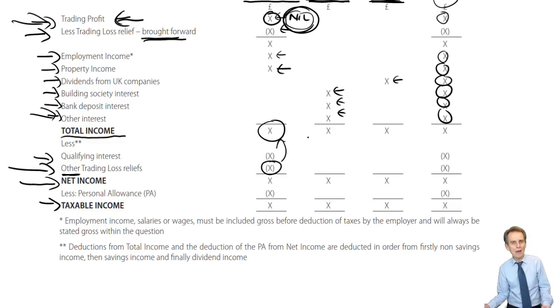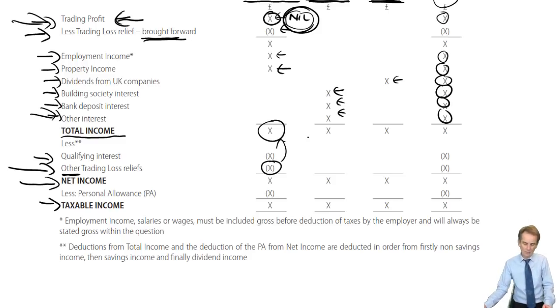Just because your trade has made a loss, so there's nothing to assess, doesn't mean to say that you have no income. You might be fortunate enough to have those different sources of investment income, whether it's property income, whether it's dividend income, whether it's interest income. You might even, as well as being in self-employment and having a trading income figure to include, also have some maybe part-time employment.